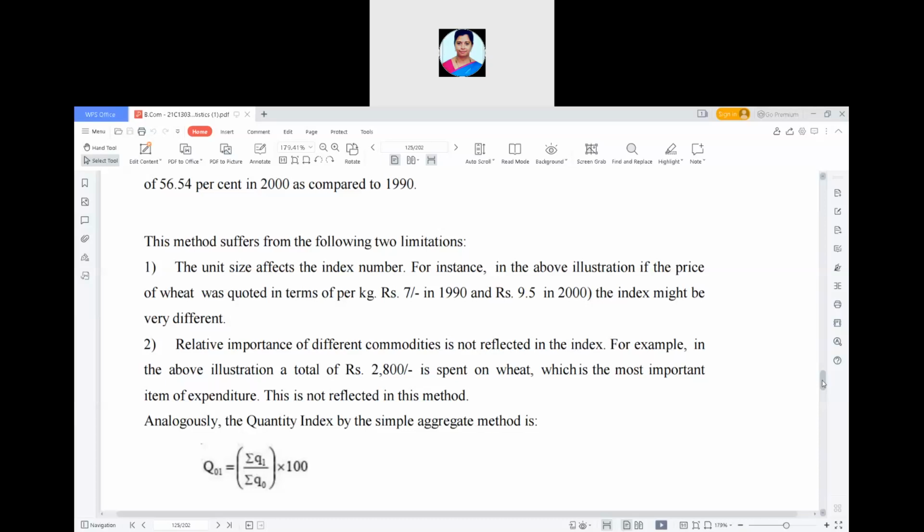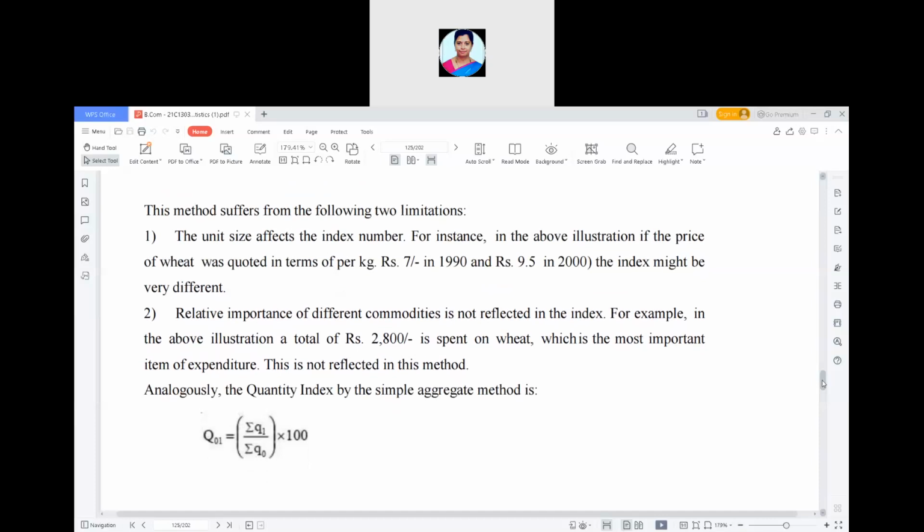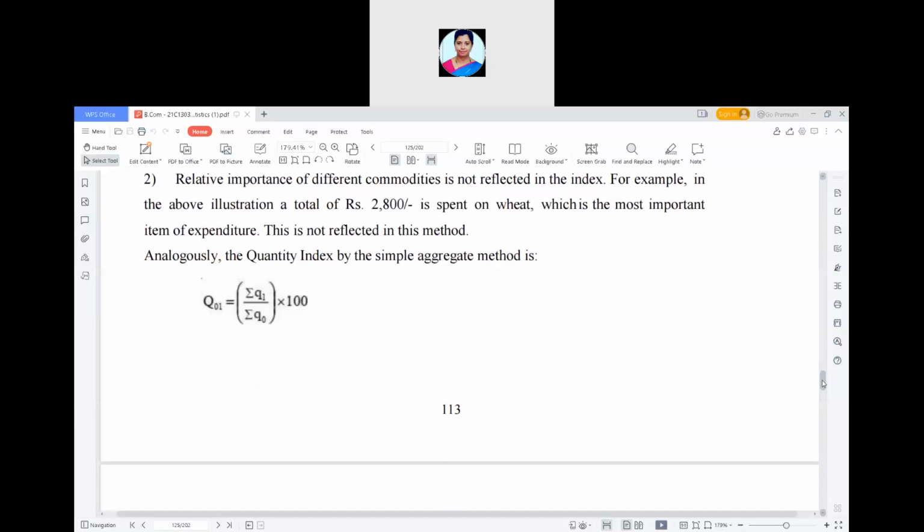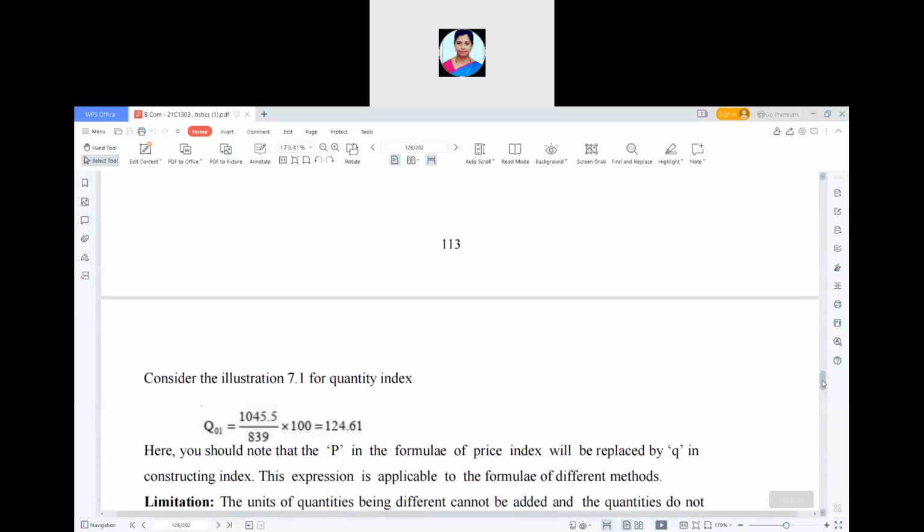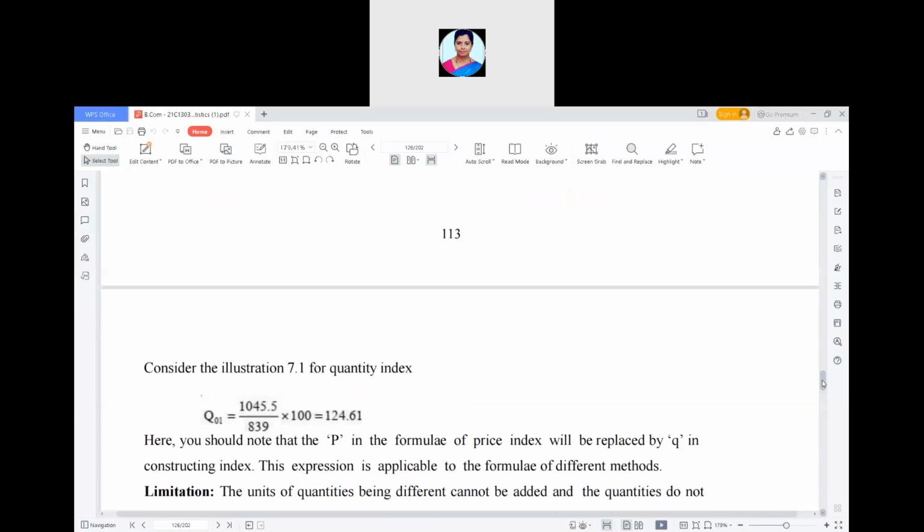So just as we got it for the price index, we have it for the quantity index also. And we have illustrations for the quantity index.